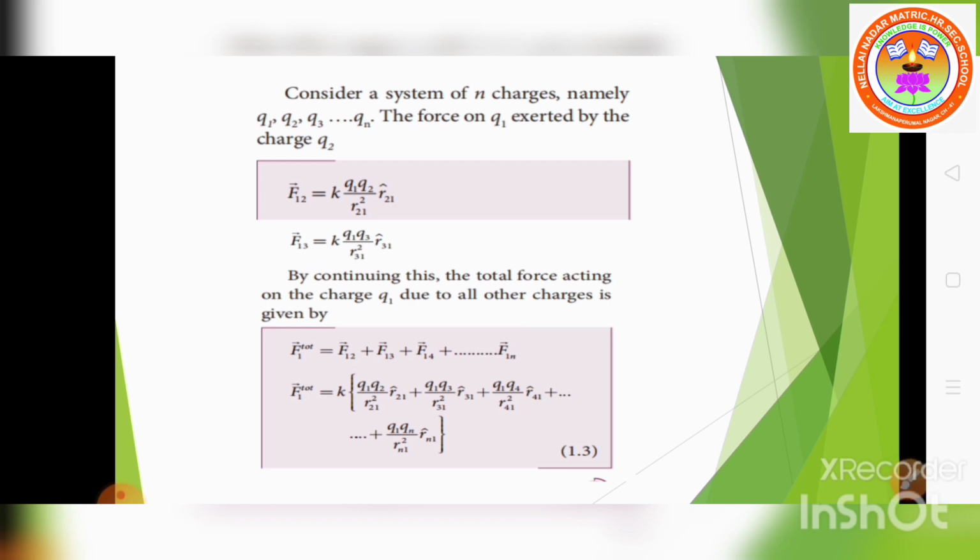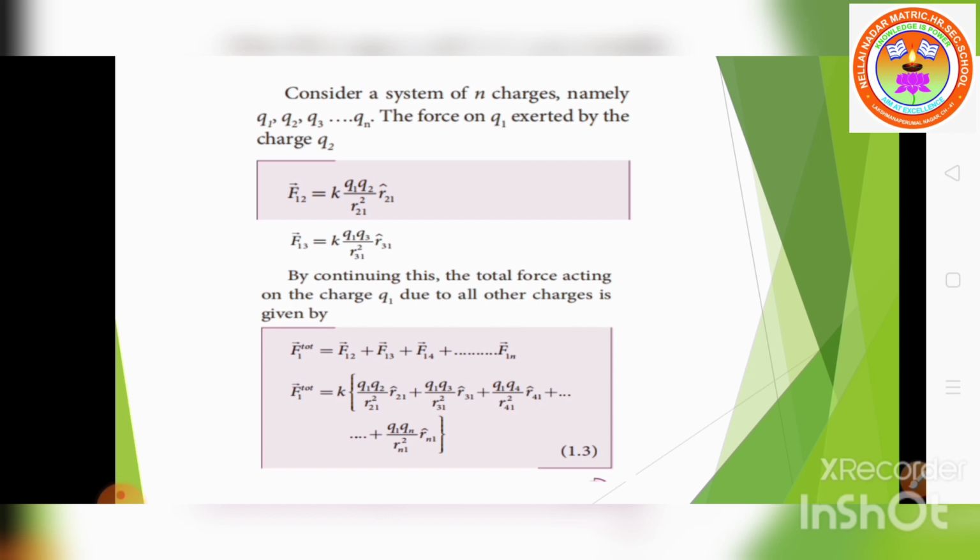By continuing this, the total force acting on the charge Q1 due to all other charges we can write as F1 vector total. F1 is the force exerted by all the charges on Q1.